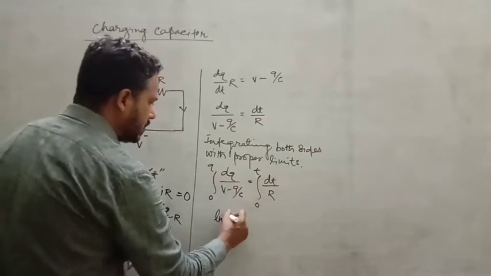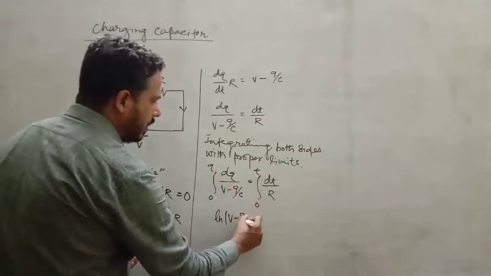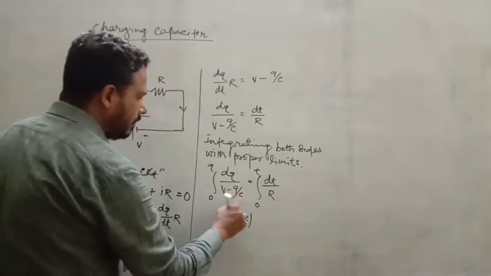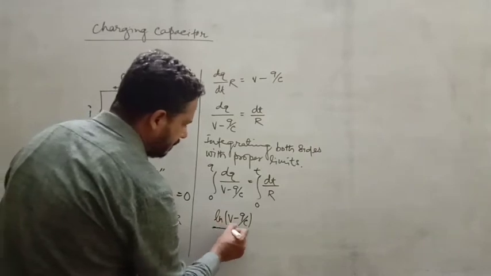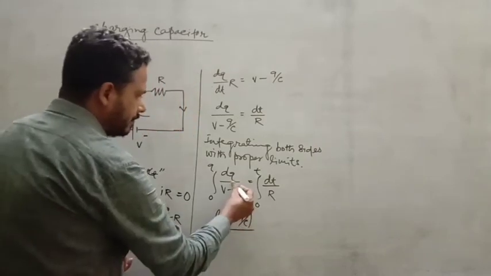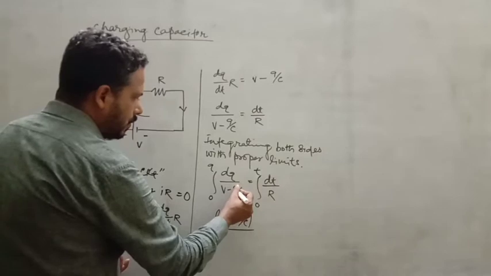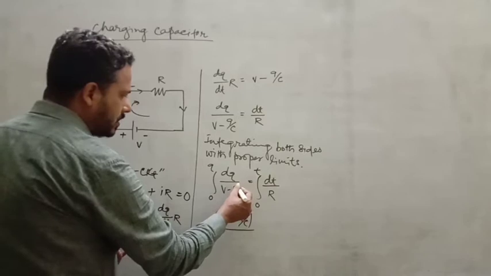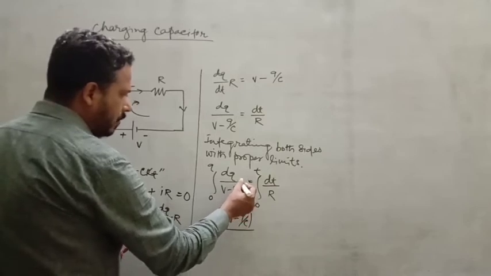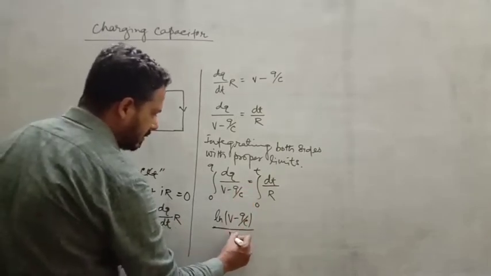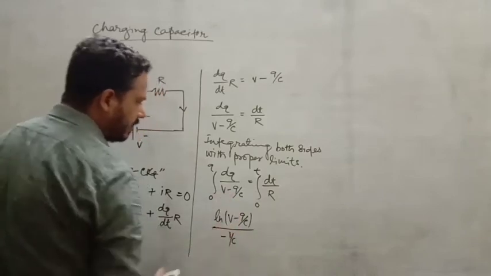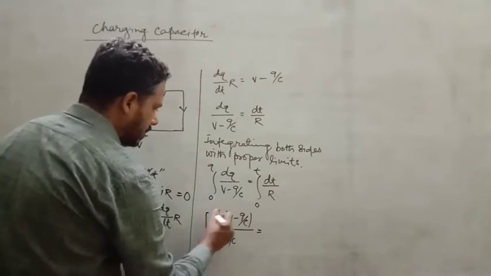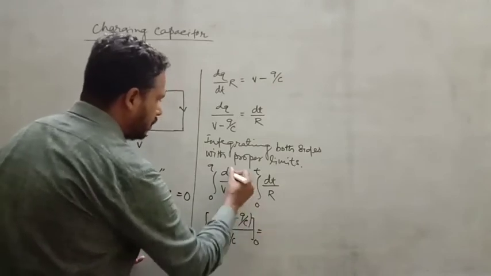So here you just write down v minus q by c, and because this q has power 1, a constant is there. This q is divided by 1 by c with a negative sign. And now again under limit, your limit is 0 to q.